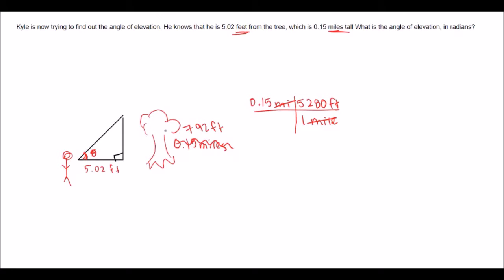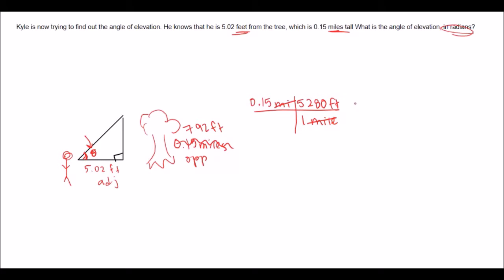So we're trying to find theta, and we now have the opposite of theta and the adjacent, which is lovely. We need to remember, of course, that the question asks for it in radians, but practically I really do like thinking in degrees, because you are taught degrees from the beginning.